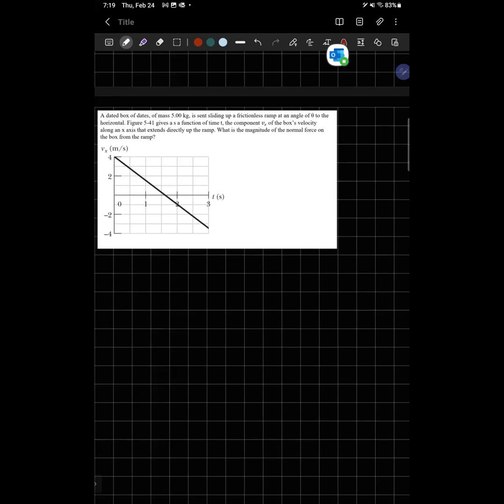Let me check the figure caption real quick. I'm pretty sure that's not what it said.